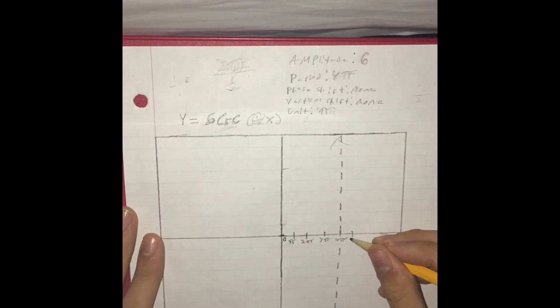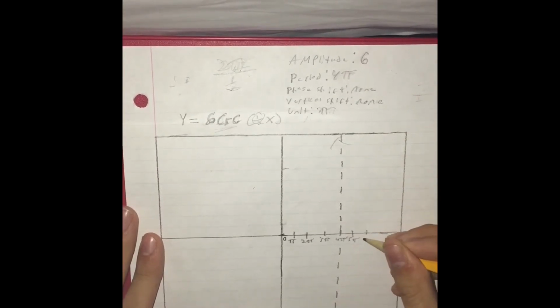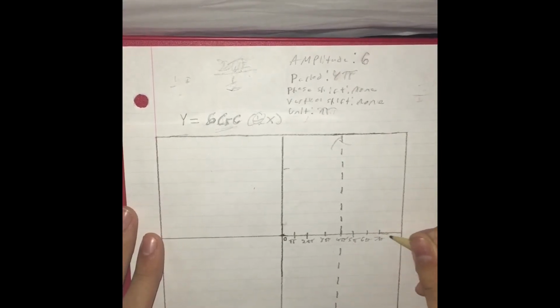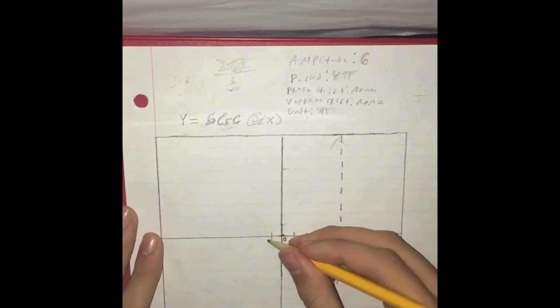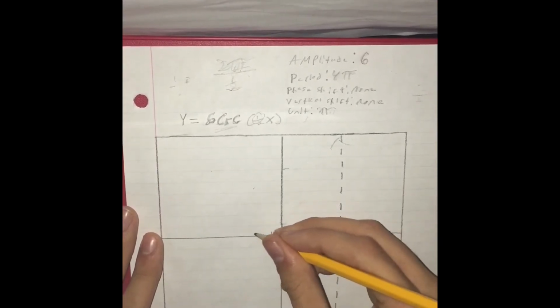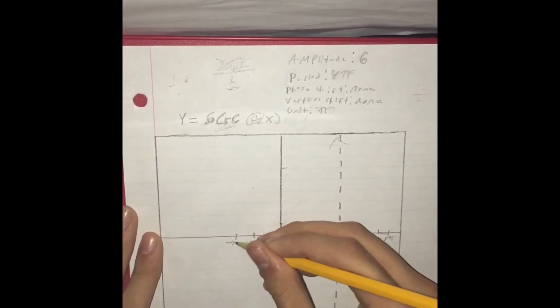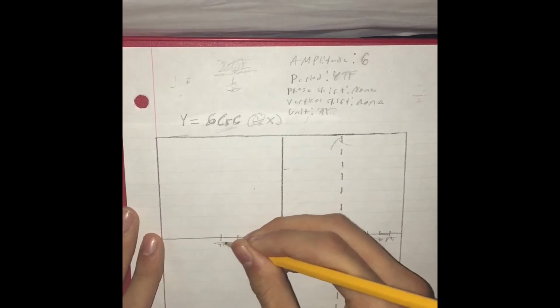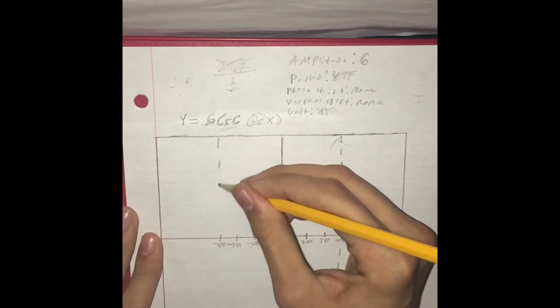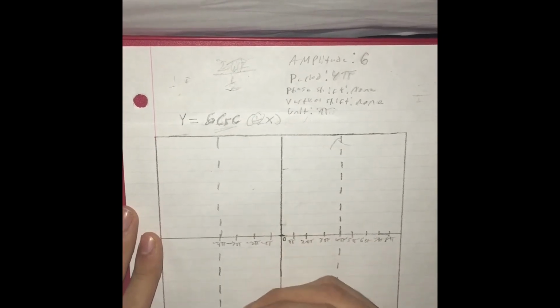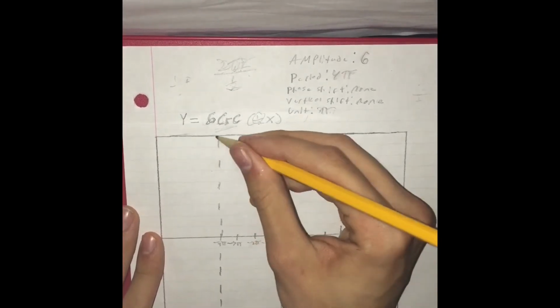I'll just continue on. And then so on this way. Put an asymptote down here too, vertical.